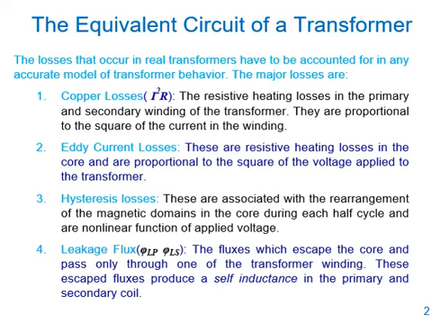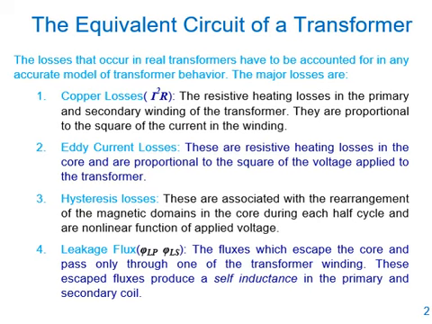Another loss is leakage flux. There are two kinds of leakage flux: phi LP, the leakage flux in the primary winding, and phi LS, the leakage flux in the secondary winding.